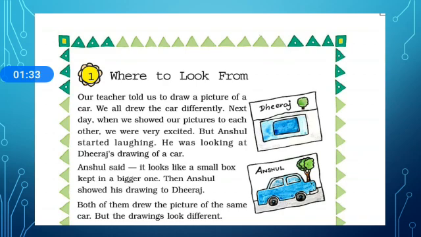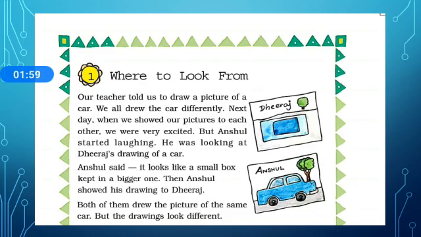Both of them drew the picture of the same car, but the drawings look different because of the view. Because of the position of their view, the picture looked different.